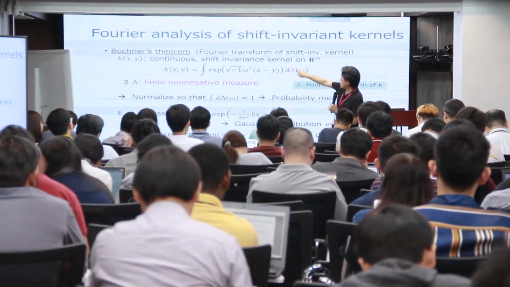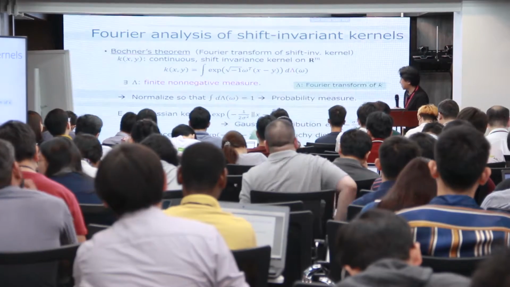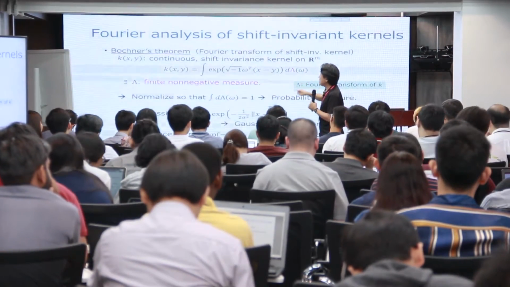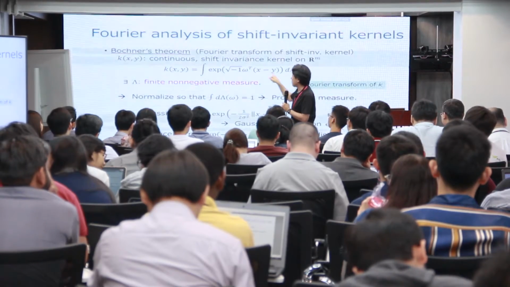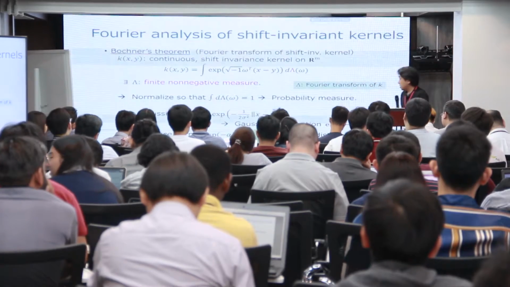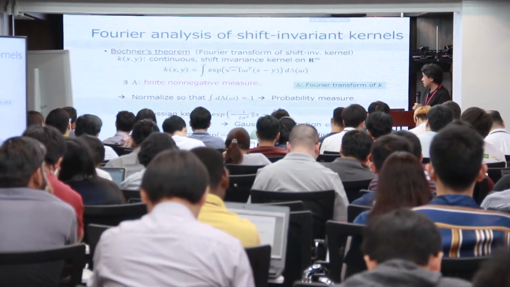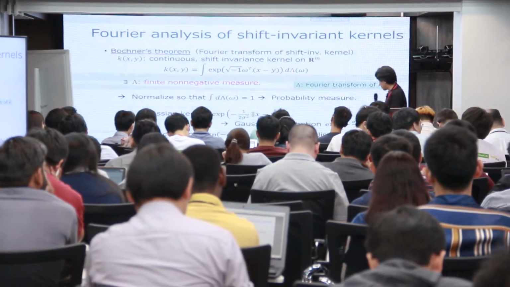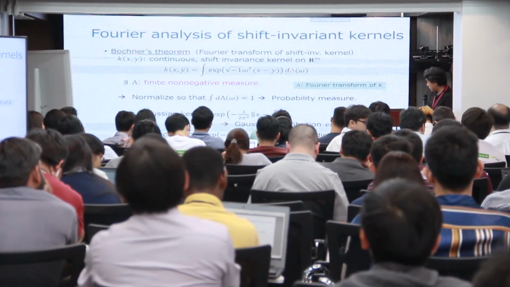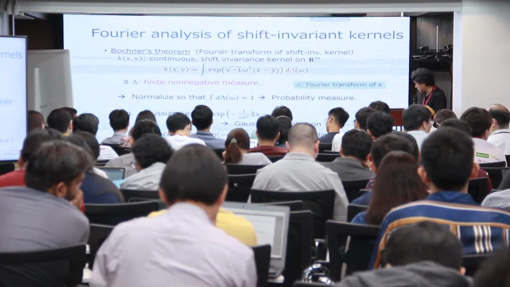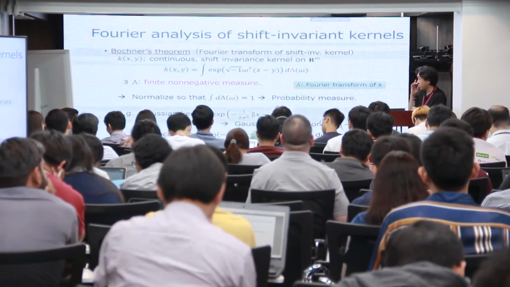In typical cases, like a Gaussian kernel, this part is a Gaussian distribution, and the inverse Fourier transform of the Gaussian distribution is again Gaussian. And in the case of Laplace kernel, we have a Cauchy distribution here. Cauchy distribution is basically given by 1 over the square of the frequency.